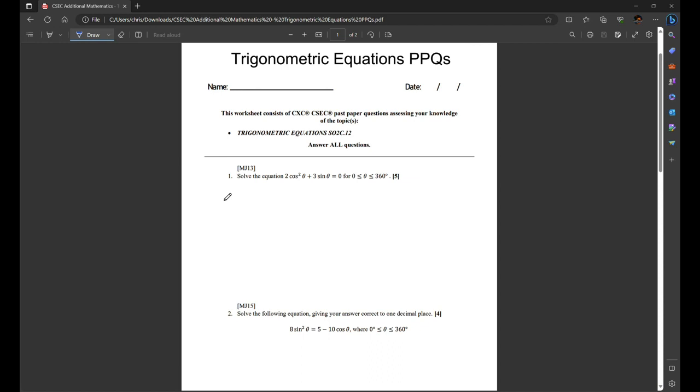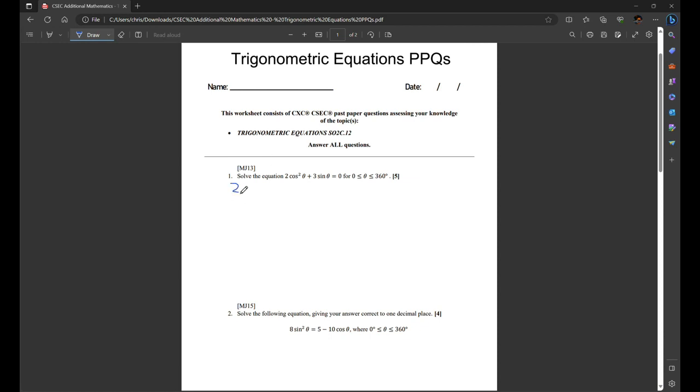Cos squared theta is 1 minus sine squared theta, because cos squared theta plus sine squared theta is equal to 1. That will allow us to end up with only one variable, which will make this equation solvable. So let's go ahead and do that.